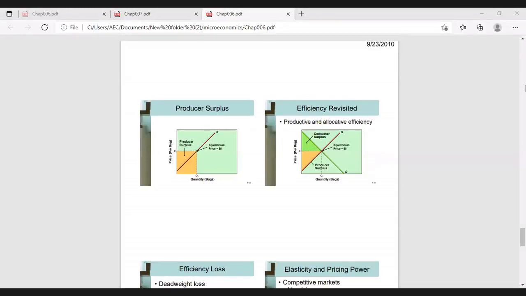The demand curve shows the marginal benefit of each additional output to society. The demand curve shows consumers' willingness to pay. The supply curve shows marginal cost, the opportunity cost.